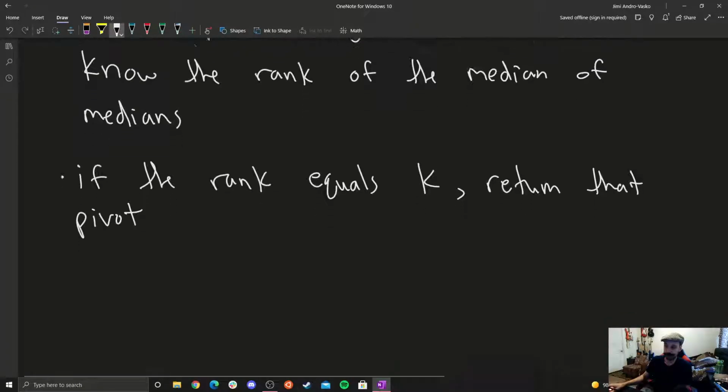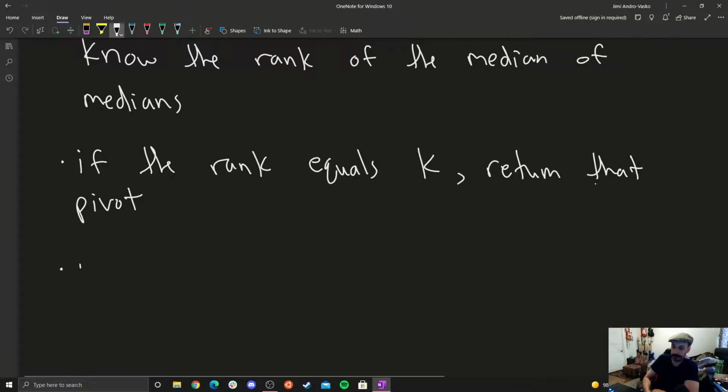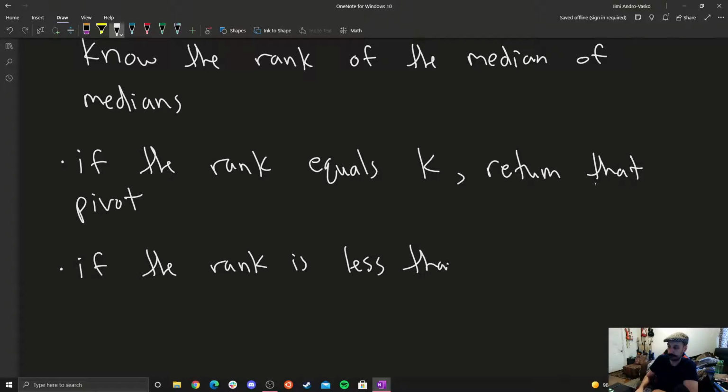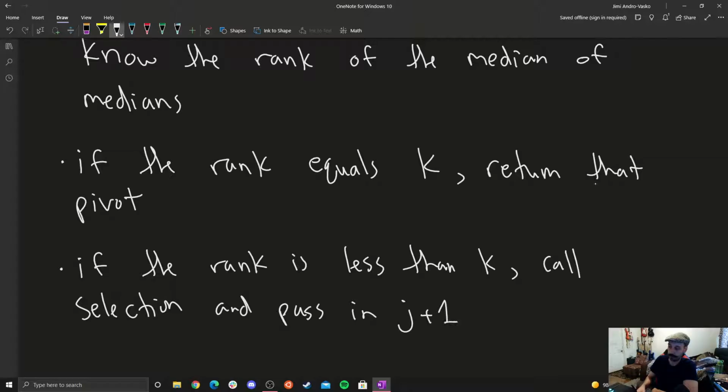Now, of course, well, let's suppose that the rank is less than k, that means this k'th biggest element has to be somewhere on the right side of our list. So then we have to call selection and pass in j plus 1 into the L argument.